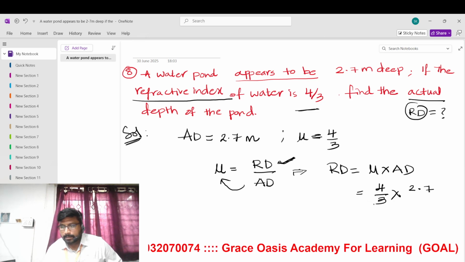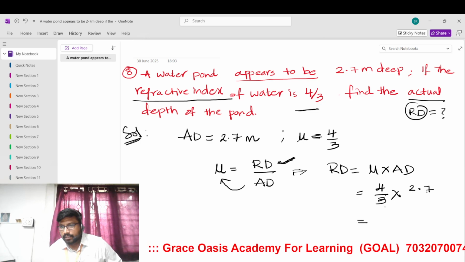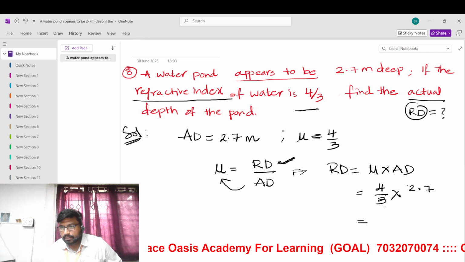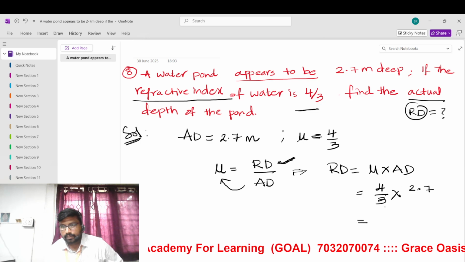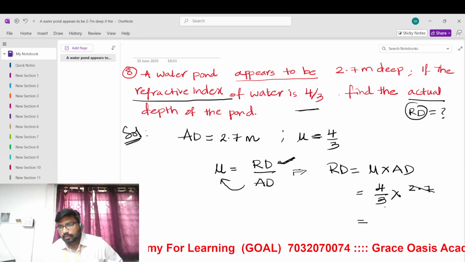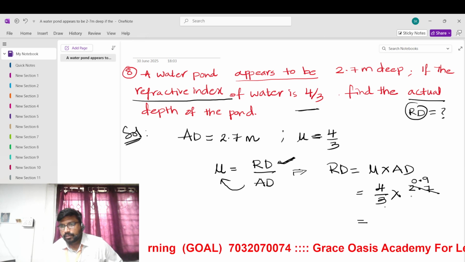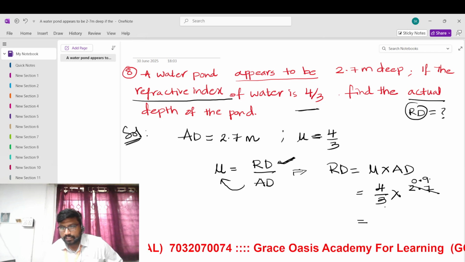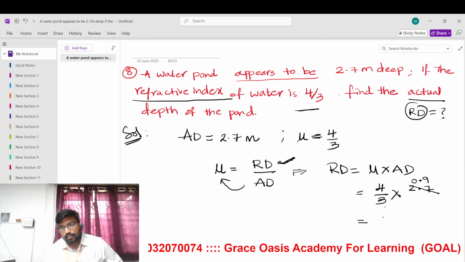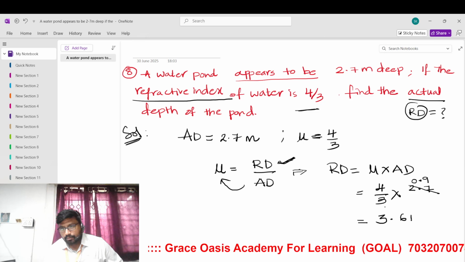So 3 into 27, we can cut it off with 0.9. 3 nines are 27, no? 0.9, 4 nines are 36. So the answer is 3.6 meter depth.